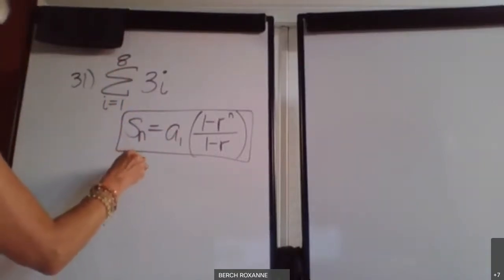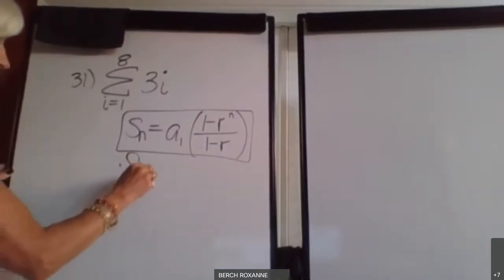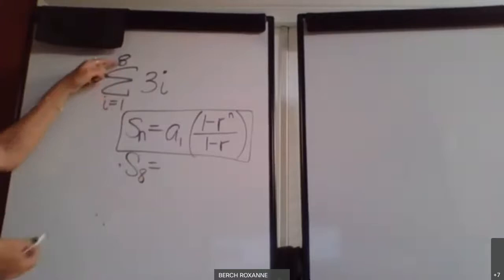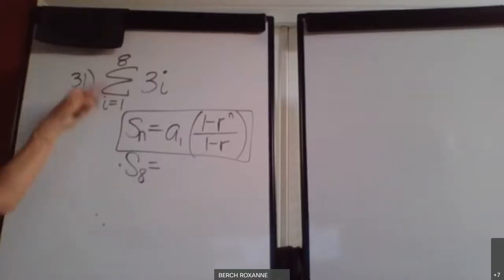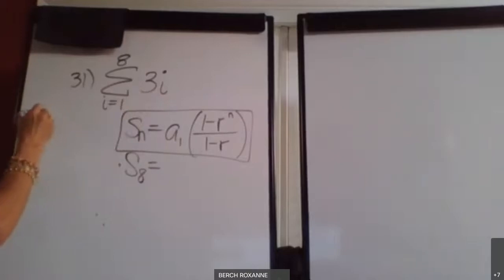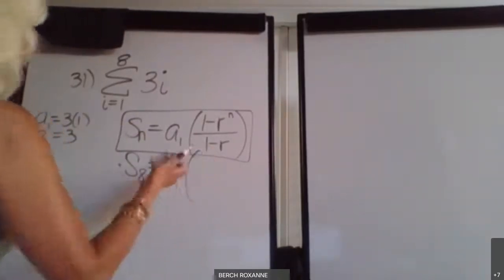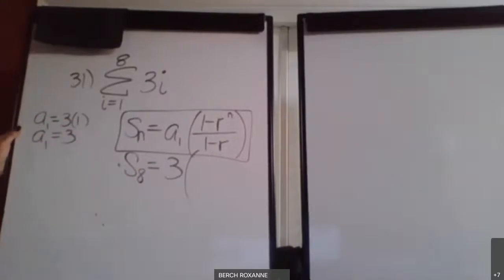So we want to find the sum of the first 8 terms, because that's 1 through 8. So the first term, you could put it in there and find it. So a sub 1 would be 3 times 1, which is 3. We also need the common ratio.